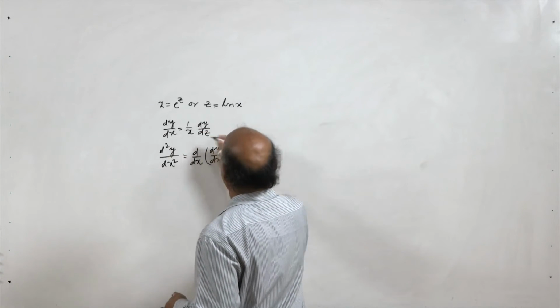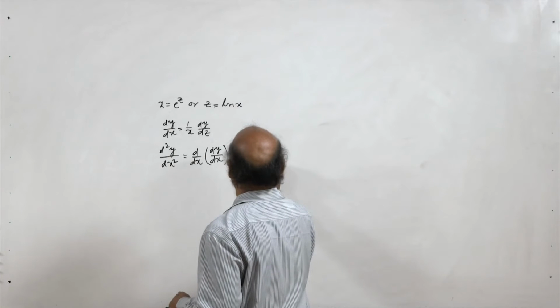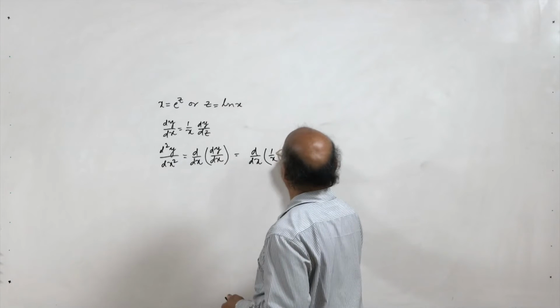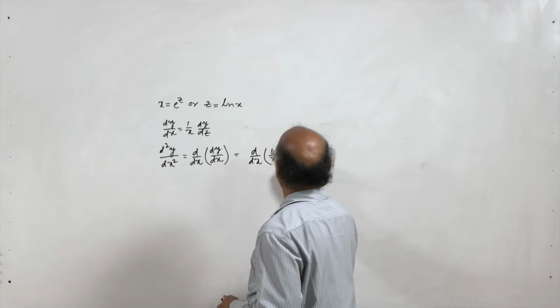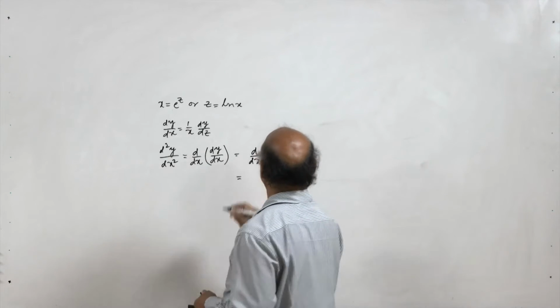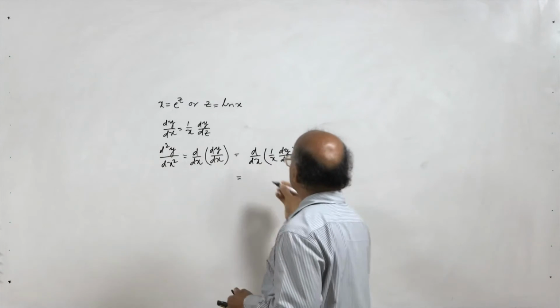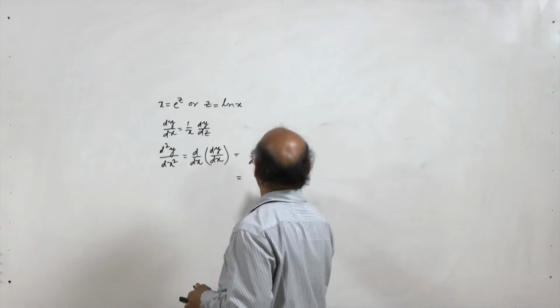We can put dy/dx from here, so d/dx of (1/x) dy/dz, and this is a product of two functions of x, so we can find the derivative of this product.